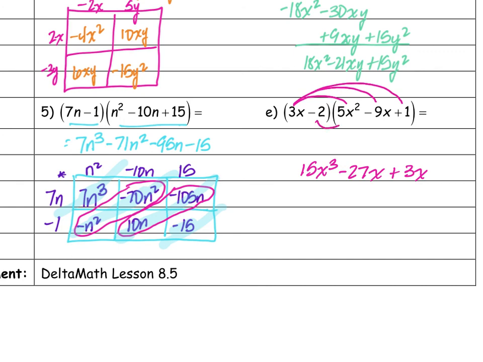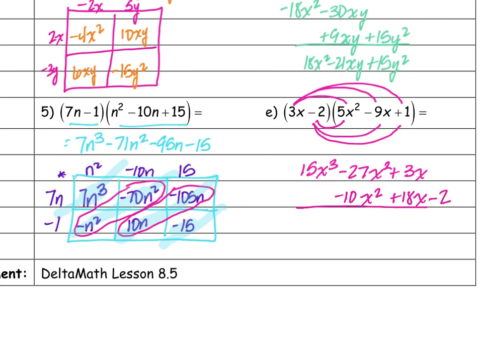So negative 2 times 5x squared will be negative 10x squared, and negative 2 times negative 9x is 18x, and negative 2 times 1 is negative 2.